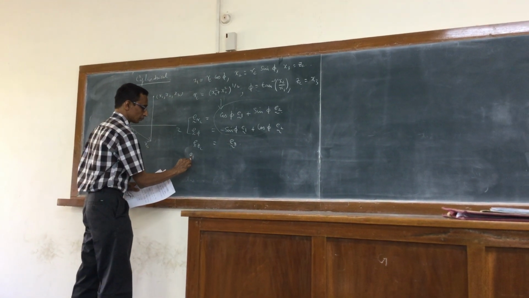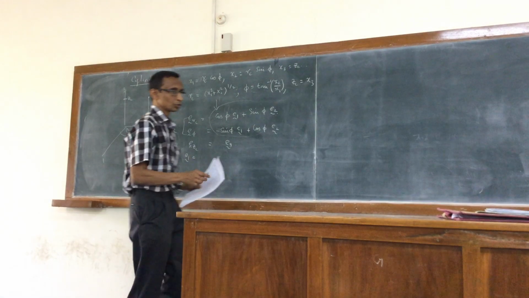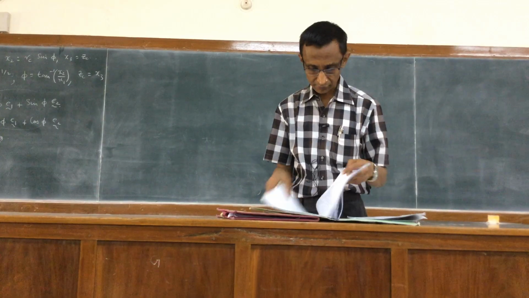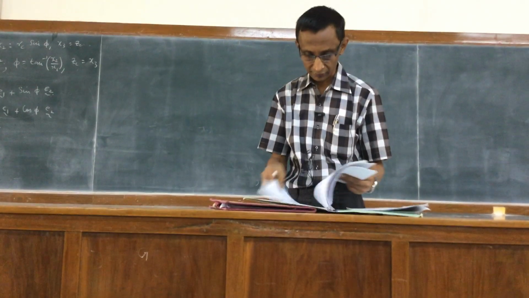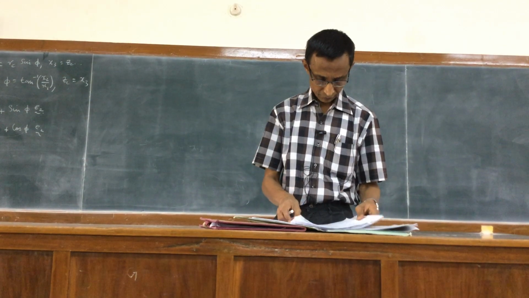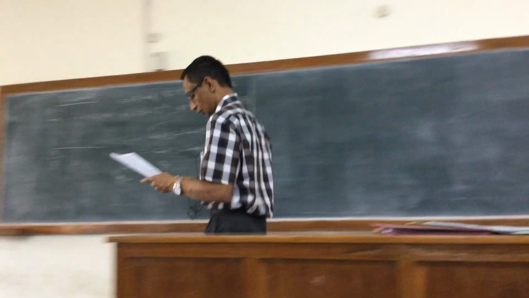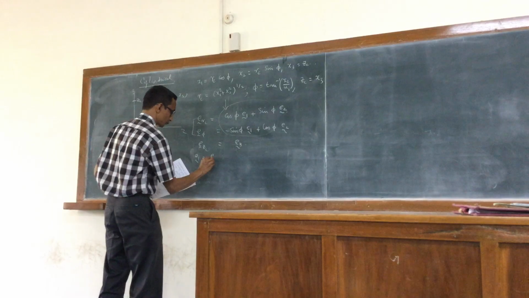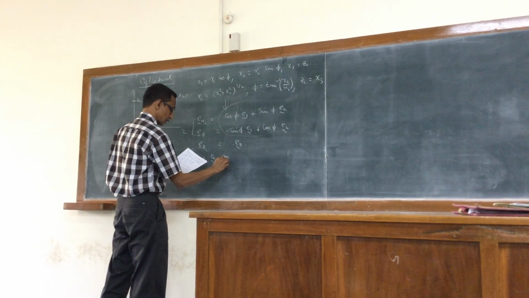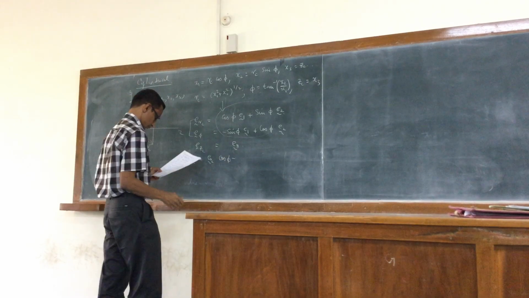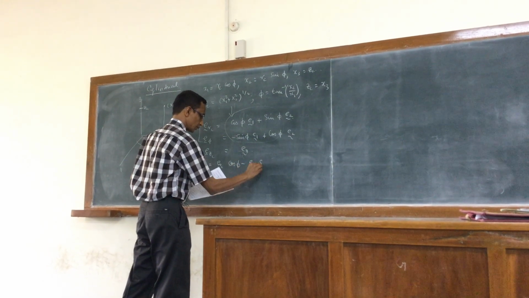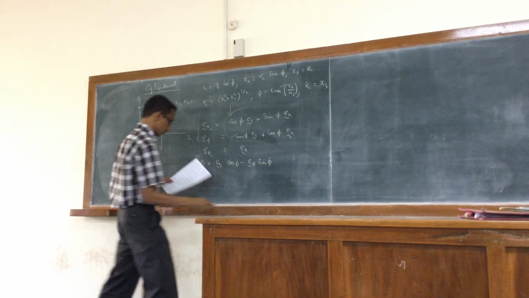We can get our inverse relations that we wrote down in the previous class. E1 will be E_RC cos phi minus E_phi sin phi.